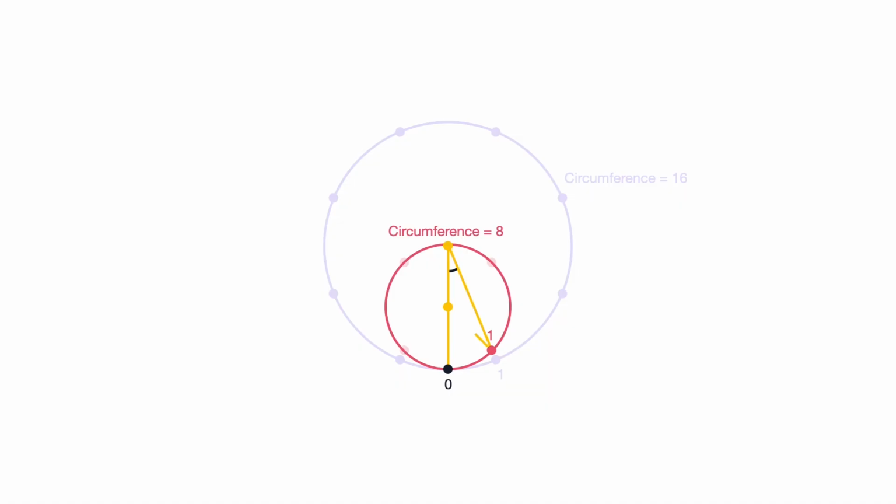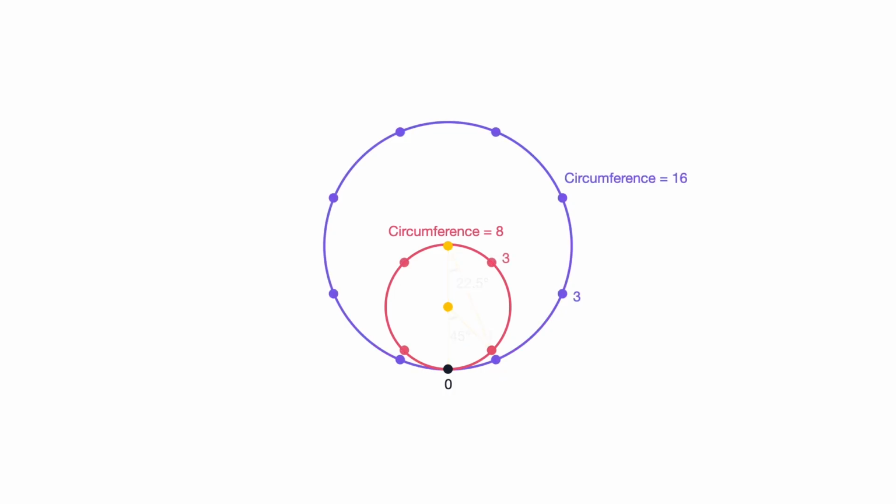Since the central angle of circle 8 is 45, this ensures the angle between 0 and 1 for circle 16 is 22.5, which matches the spacing between consecutive integers on circle 16. And therefore, the ray through +1 on circle 8 continues through +1 on circle 16.